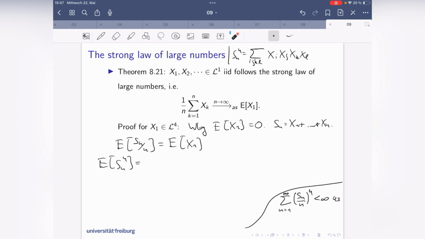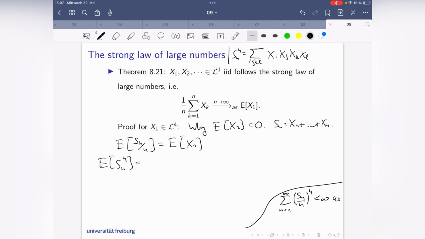But for example, if I have xi, but j equals k equals l, then the expectation of xi is 0, while the expectation of xj times xk times xl does not have to be 0, sorry. But the product is 0 then.